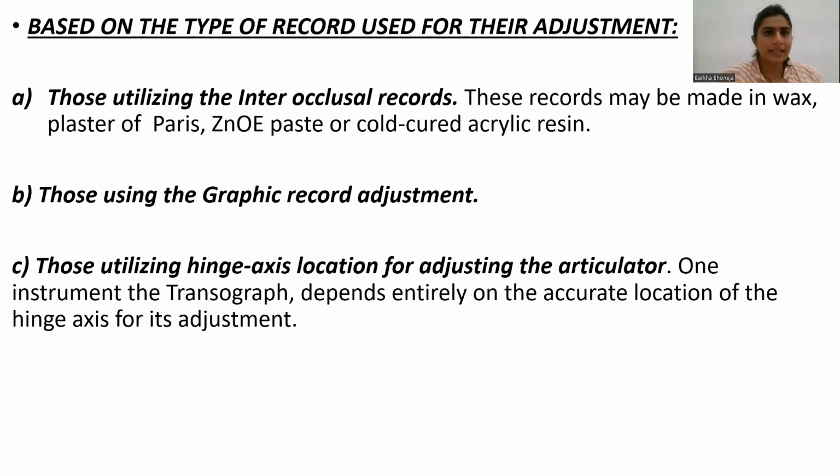Okay, so next is based on the type of record used for the adjustment, that is those utilizing the interocclusal record. This interocclusal record means any recording material when you put it between your maxilla and mandible. So interocclusal, between the occlusion of maxilla and mandible, and when you ask the patient to bite it, it forms a record.